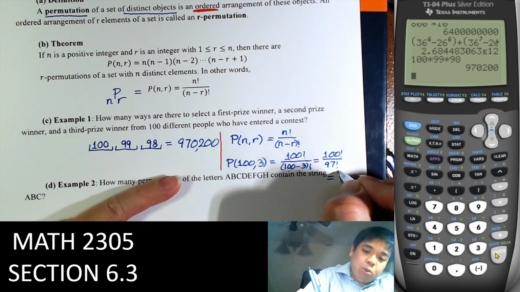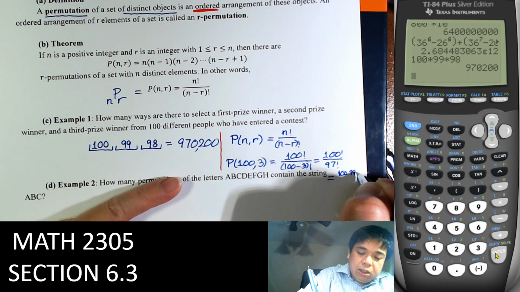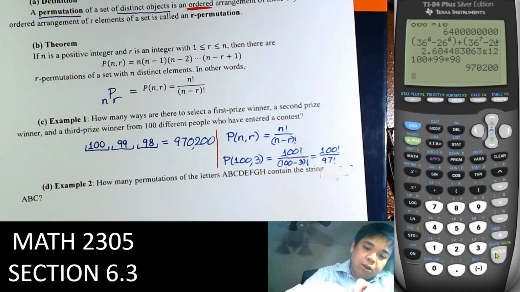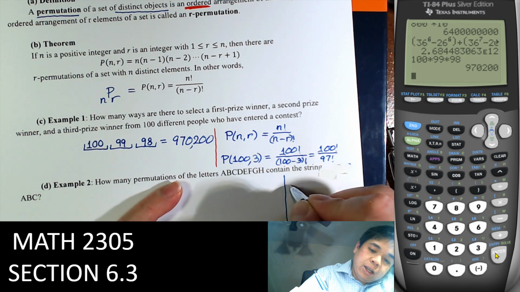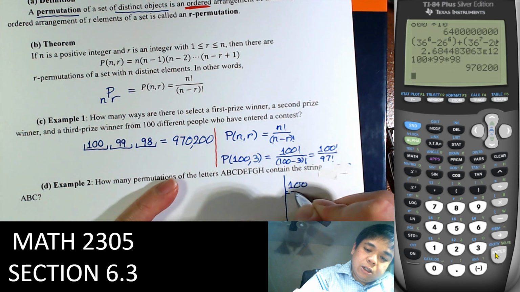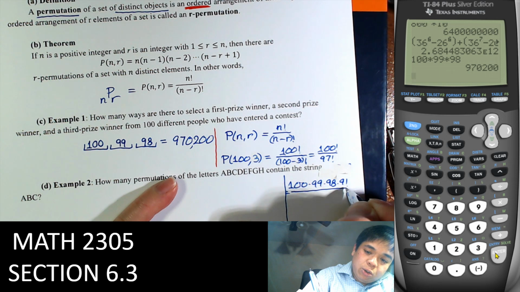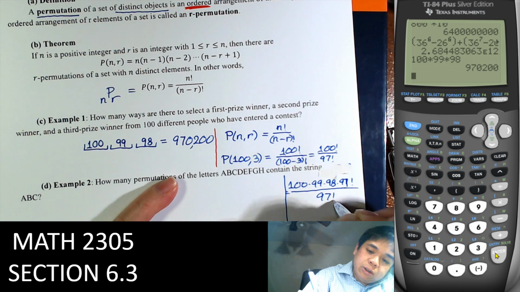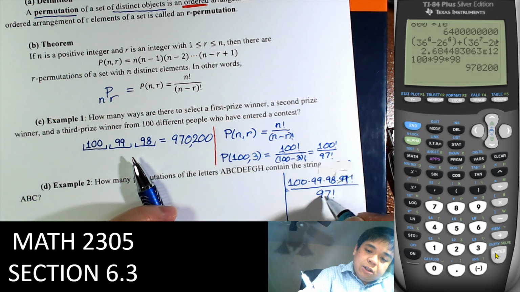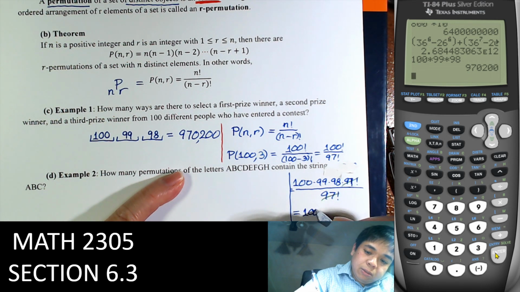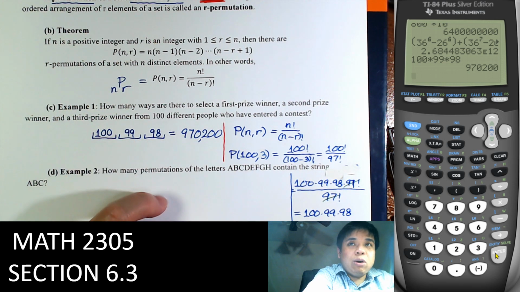That equals 100 times 99 times 98 times 97 factorial over 97 factorial. Cross that out, and we have 100 times 99 times 98, exactly like what we have here.